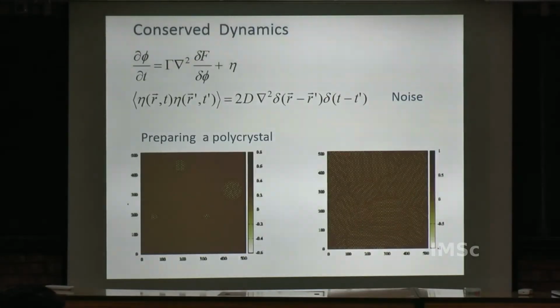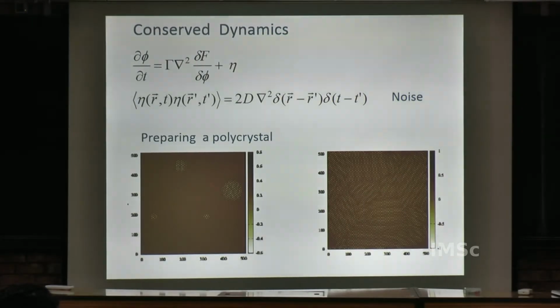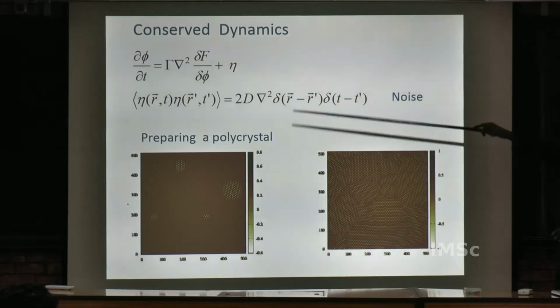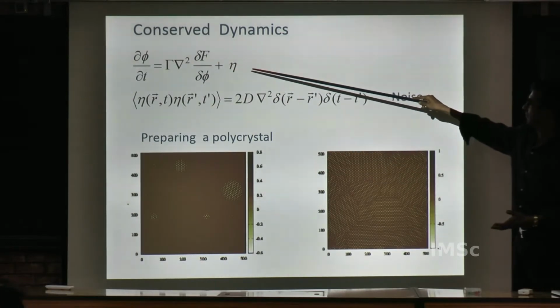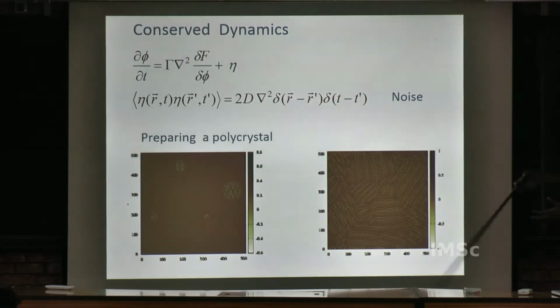Okay, now you can look at dynamics of this system. So the dynamics is this. You have a free energy and you want conserved dynamics, in the sense you want to keep the total phi, which you could interpret as density, constant, mass conservation, if you interpret rho as density.